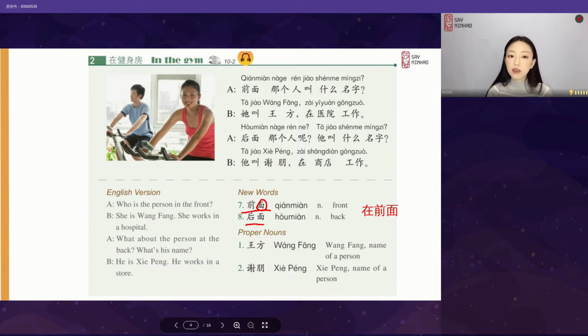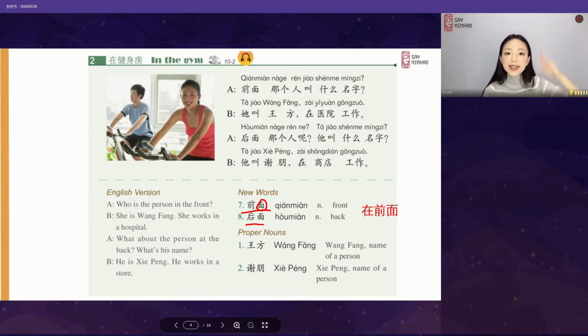Usually Chinese names are 2 characters or 3 characters, okay? Sometimes it will be 4 characters or more. But mostly Chinese names are 2 to 3 characters. And for ethnic minorities, their names will be much longer. Okay. So this is Wang Fang.